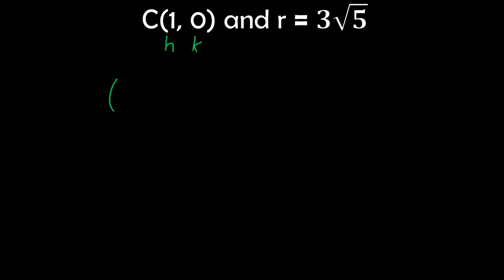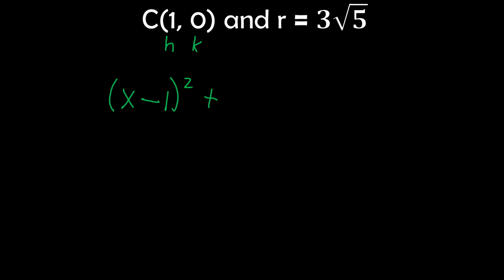So, we will have x, then h, diba? Ang h natin ay 1. Kabaliktaran ng positive 1. So, this will be x minus 1 kasi from positive magiging negative. Then, squared plus ang k natin ay 0.